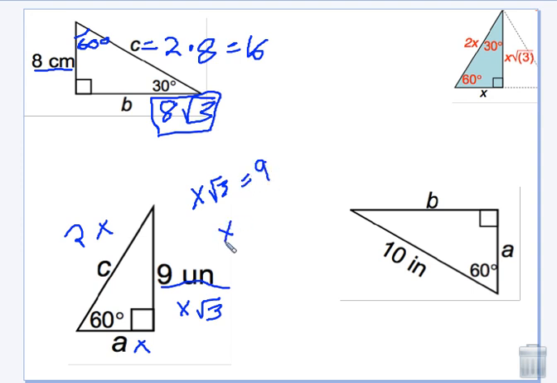So then I know that x has to equal 9 divided by the square root of 3. Now, most of you say, man, that's a really crazy answer, but I don't have to plug it into the calculator, so I'm going to leave it like that.